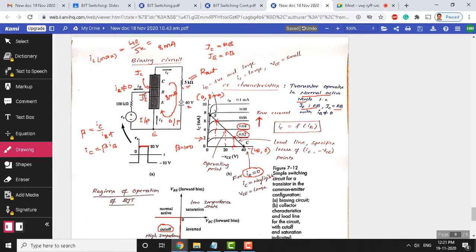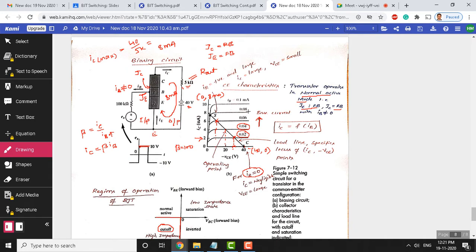Now as base current keeps increasing, the collector-emitter voltage keeps decreasing, and the remaining voltage drops across the resistor. For instance, for a base current of 0.04 milliampere, the collector-emitter voltage is going to be 20 volts. That means between the collector and emitter there is a drop of 20 volts, and the remaining 20 volts drops across this 5 kilo ohm resistance.